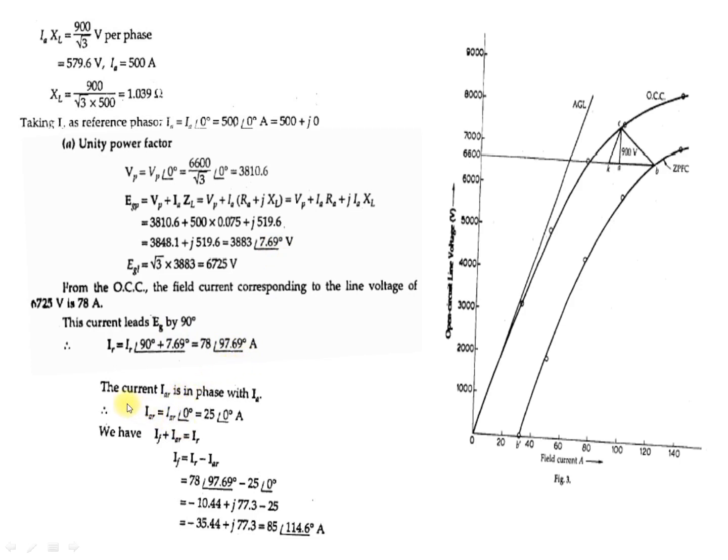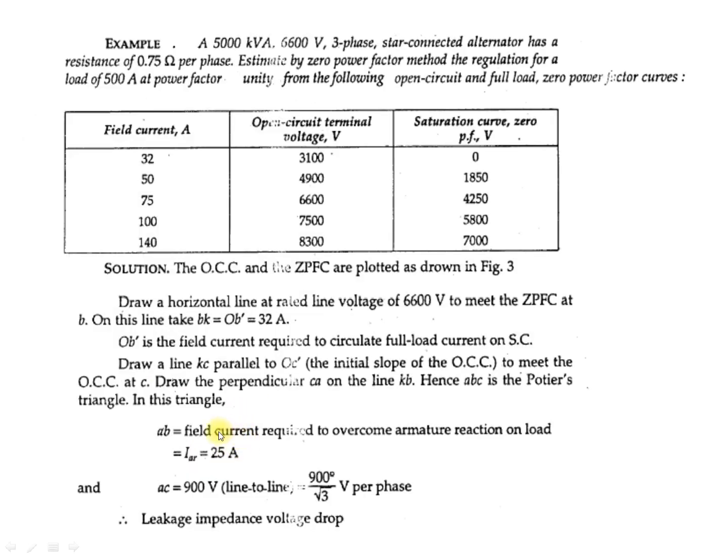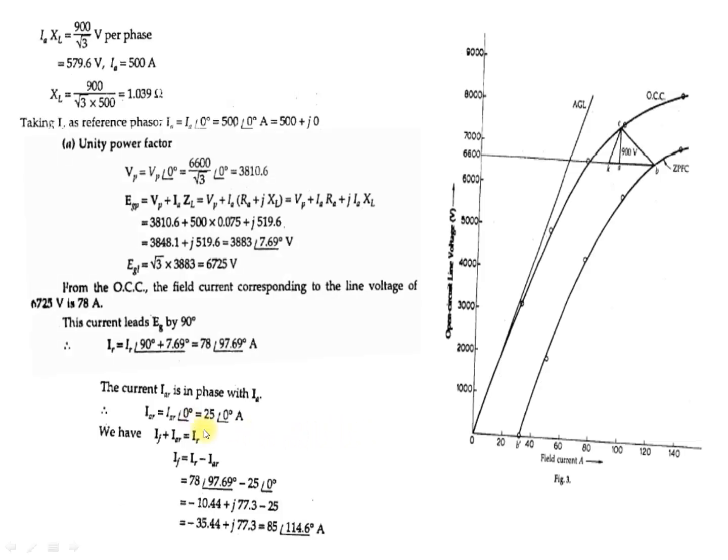From this, the current IAR, which is also in phase with IA, we can take as 25 amps, because that is the field current required to overcome the armature reaction on the load.